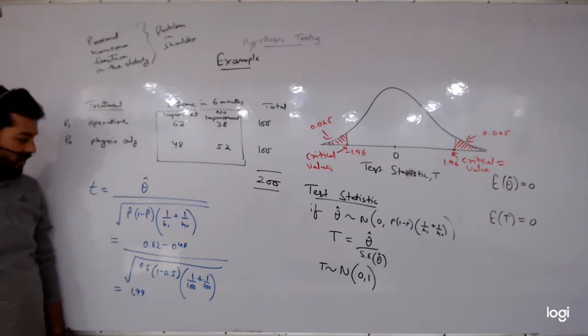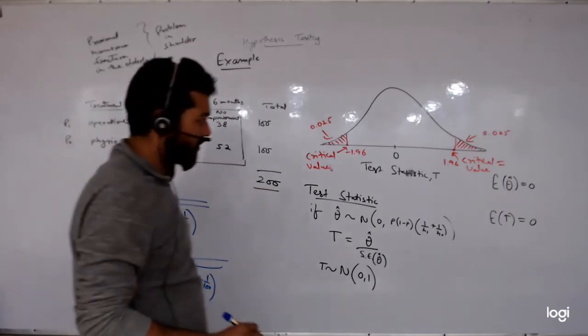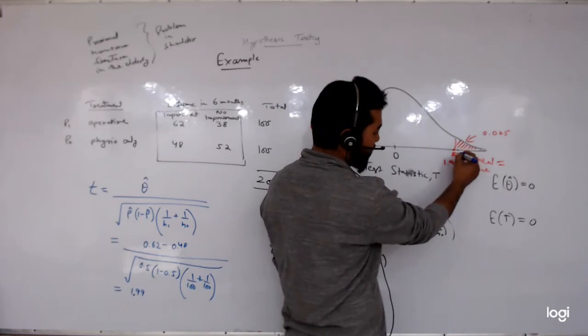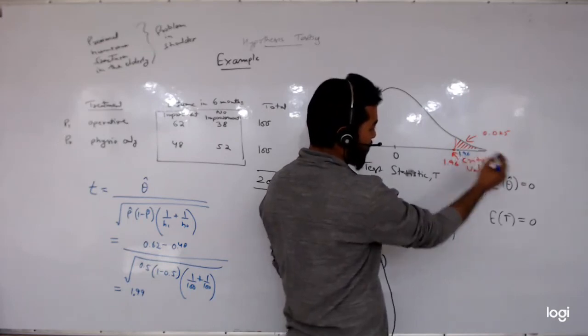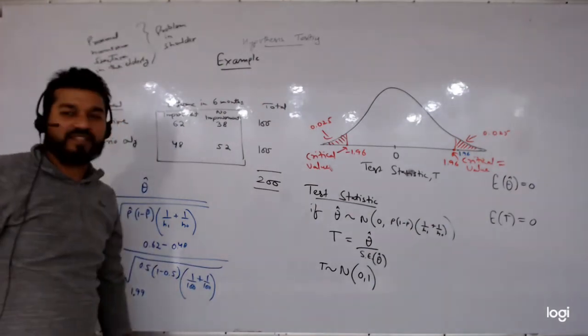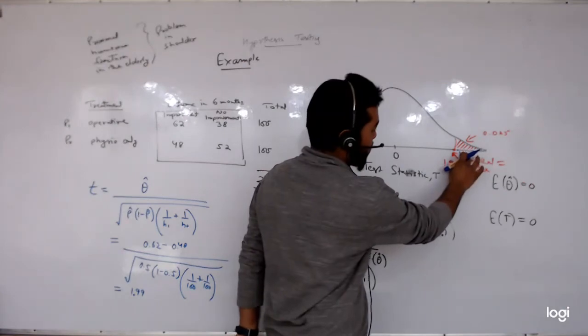Now, after getting this calculation done, we're going to see where this 1.99 is. It's just slightly to the right of our critical value. It's in the rejection region. Sorry, 1.99.